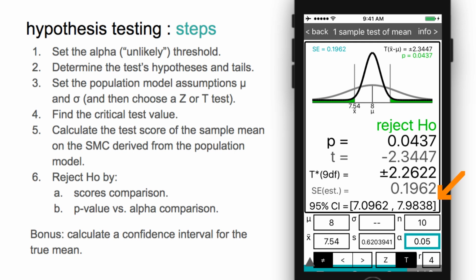Note how the confidence interval at the bottom does not contain mu. It does not contain 8. The upper bound is just short of 8. It tells us that we can be 95% confident that the true mean height of Sasquatches is not 8 feet, but between 7.09 and about 7.98 feet instead.